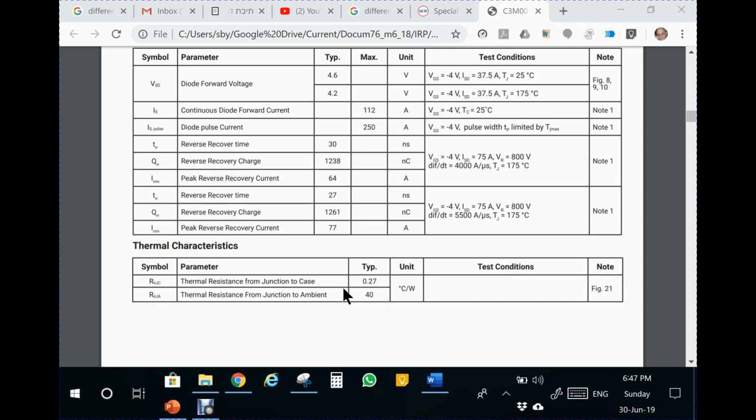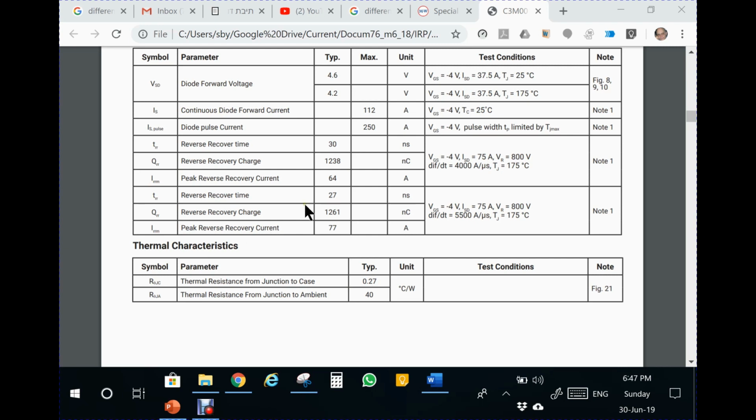So when you clamp it to a heatsink, you might have some insulation in between, and the thermal resistance of the insulation will be at least 0.5 or maybe 0.7. So you end up with something like 0.7 to 1 degree centigrade per watt. This is the limiting factor in terms of temperature rise of the device.